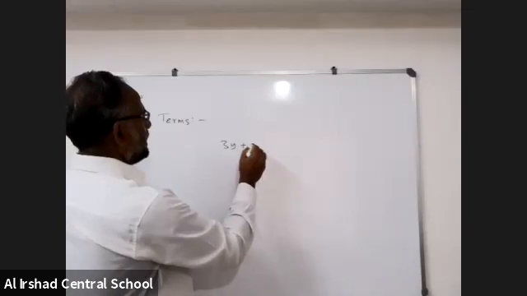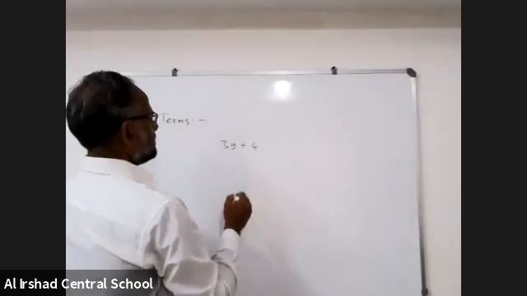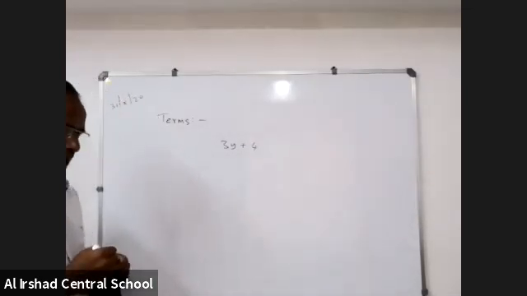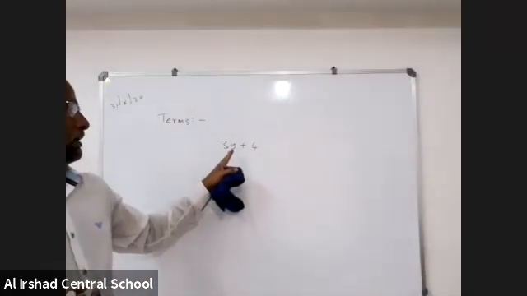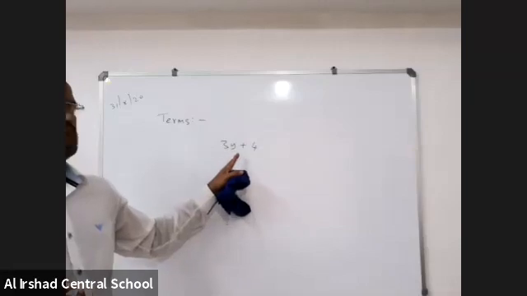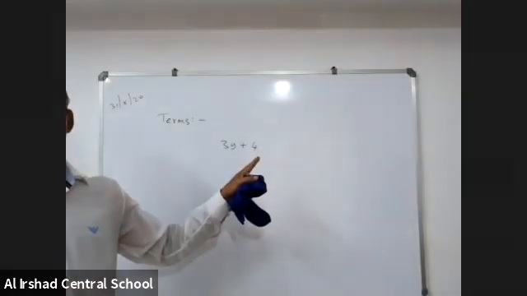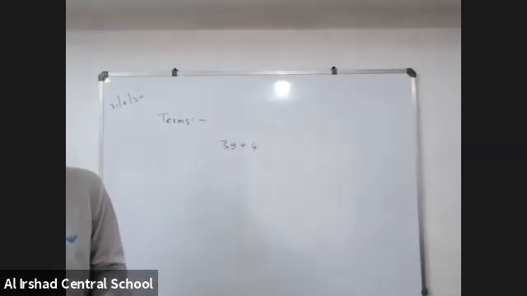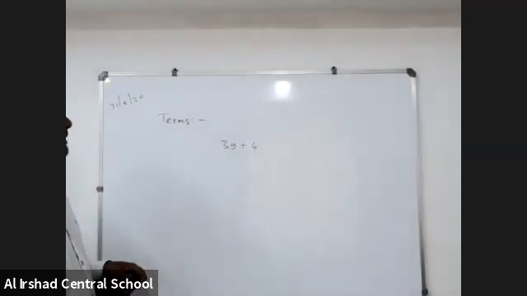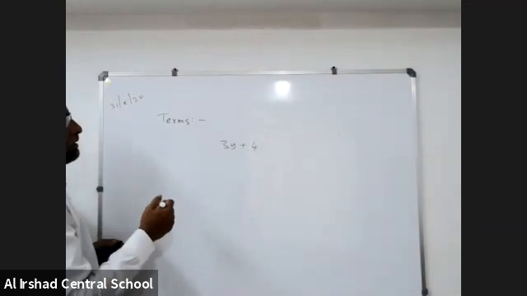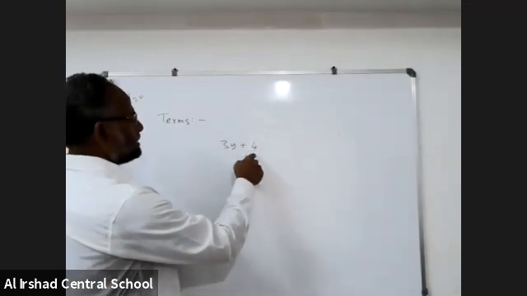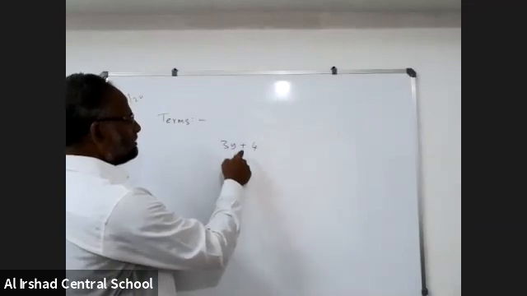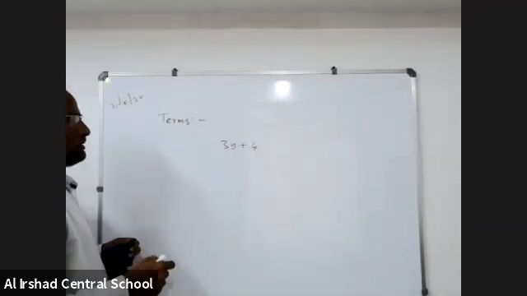3y plus 4 is an algebraic expression. Here, in your opinion, how many terms are there? Look here: 3y plus 4. This is the first term, this is the second term.